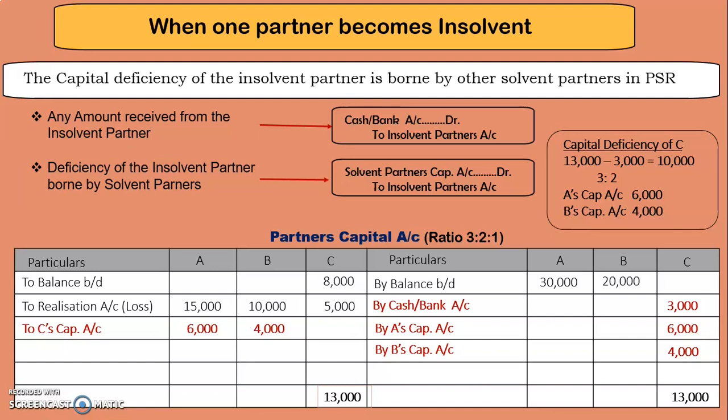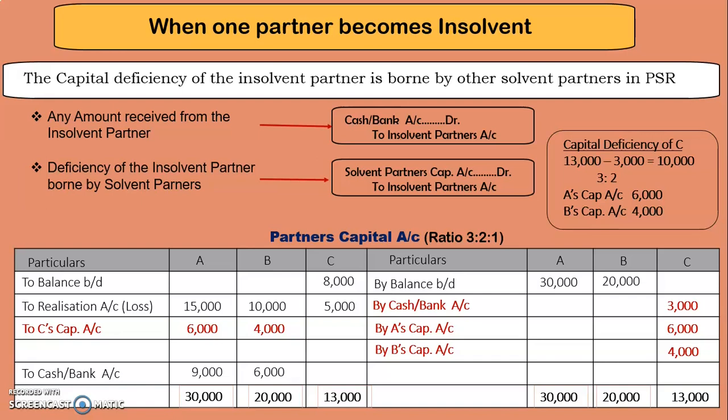So now partner C's capital account is closed. Then we'll move on to close partner A and B's capital accounts. A's credit total is greater, that is 30,000, and B's credit total 20,000. And then when we find out the balancing figure, we get the balancing figure in A's capital account as 9,000, B's 6,000.